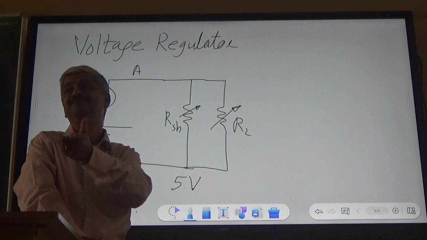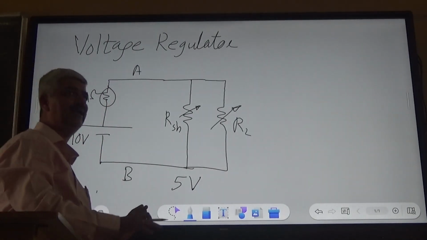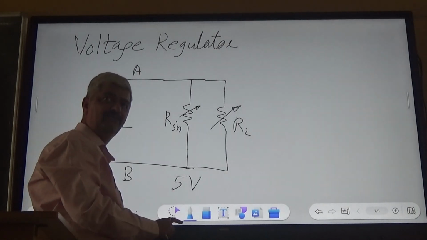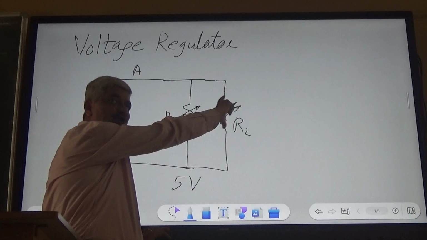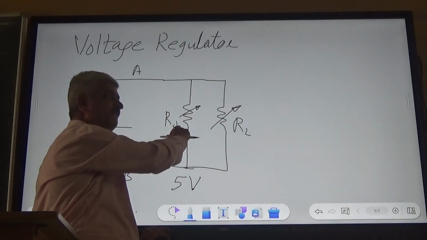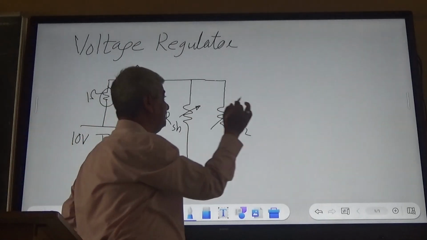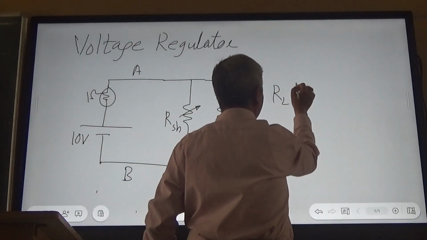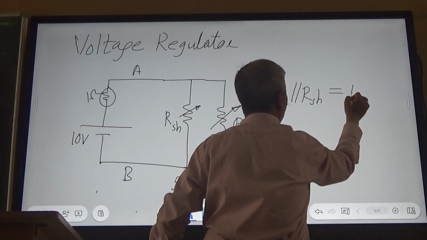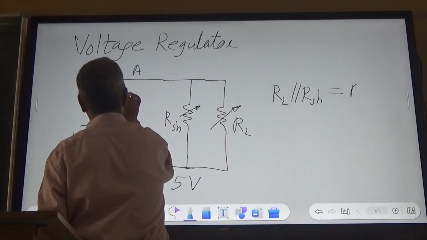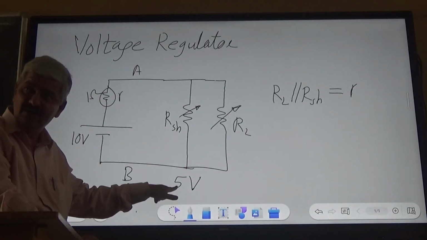What should be the formula? Formula is very simple, that it should give the required voltage across this. Means this should be variable. Or what is the logic? RL parallel RSH must be equal to R, if it is 5 volts, right?